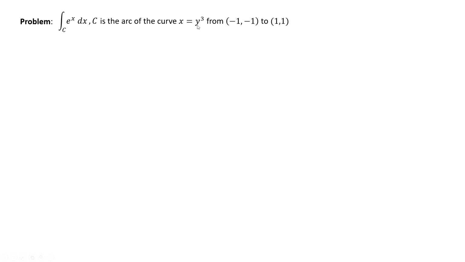We set y equals t. So that means whatever the y values are, which is -1 to 1, t must be -1 to 1. In order to get the bounds on t, I'm focusing only on the y coordinate of the initial and terminal points. That is the key here.